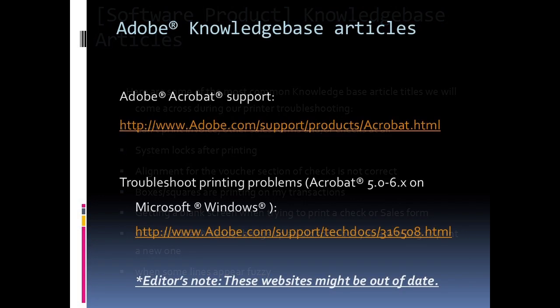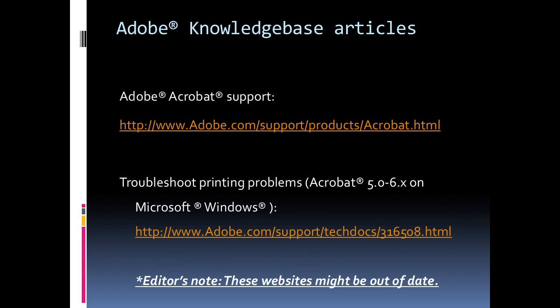Here are two important Adobe Knowledge Base articles you will want to look at. The first one concerns Adobe Acrobat itself, and that can be found at www.adobe.com/support/products/acrobat.html.